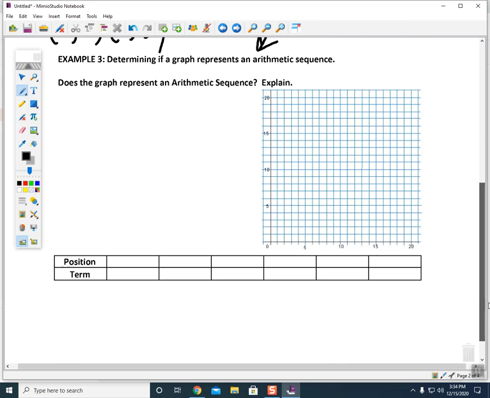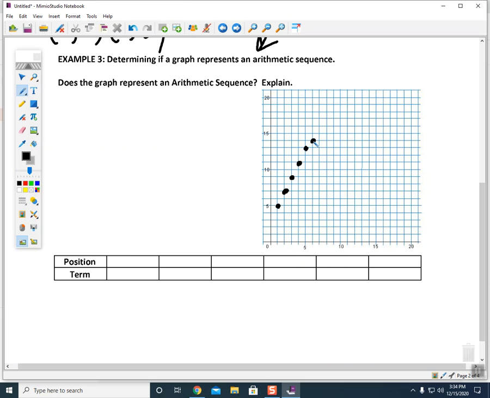So I'm going to give you some points. First point is going to be (1, 5). Second one is going to be (2, 7). Then we'll have (3, 9), (4, 11), (5, 13), and then (6, 14).